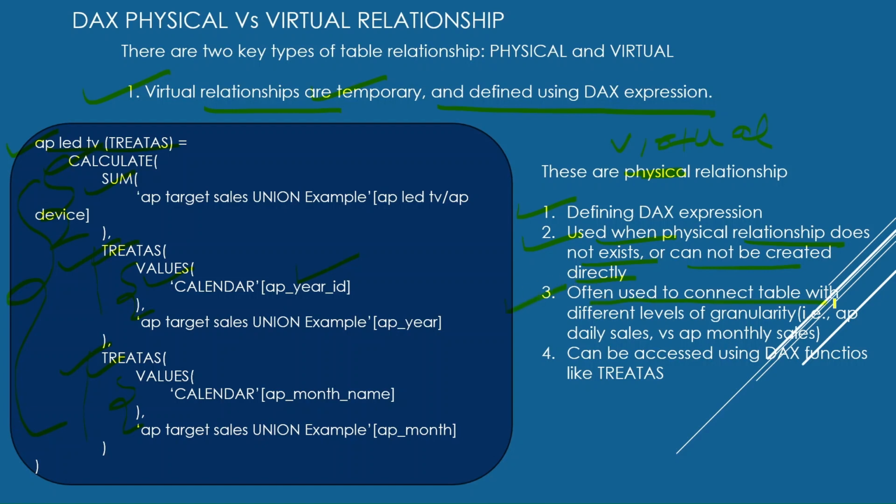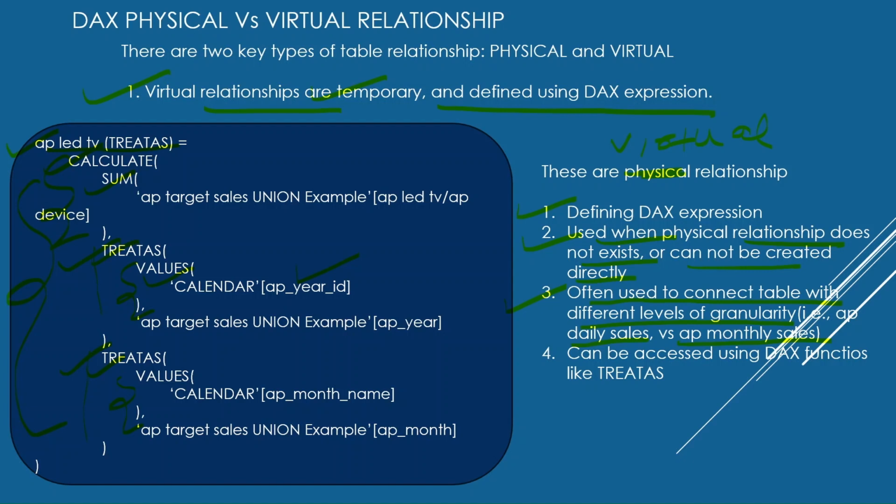Virtual relationships are often used to connect tables with different levels of granularity, like daily sales or monthly sales. If the granularity is at a different level, creating a physical relationship will not work very effectively.